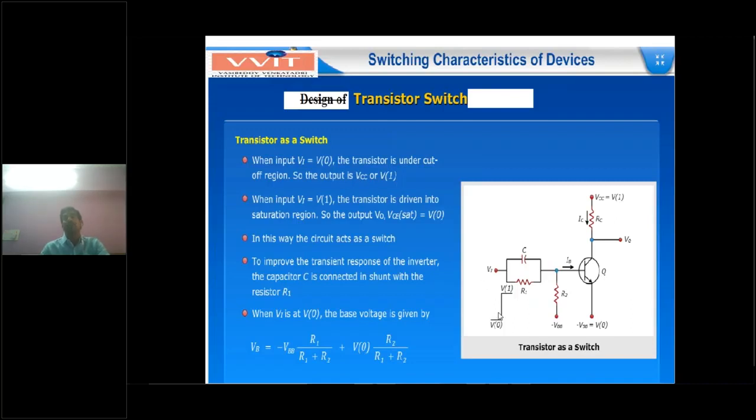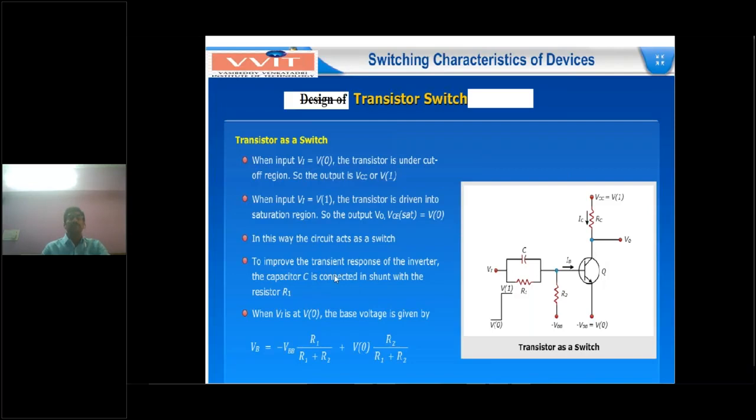So input is low, output is high. Similarly, when the input is at the higher level, Vi equal to V1, the transistor goes to saturation, and the output equals VCE sat, which is almost equal to 0, that means low. Input high gives output low. That's why the transistor is called an inverter or NOT gate.